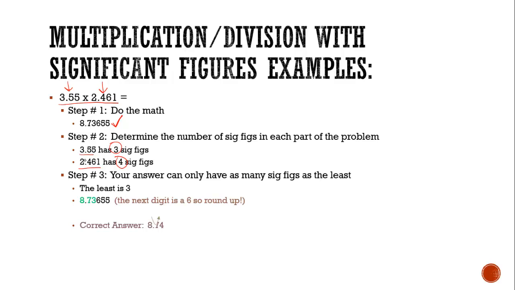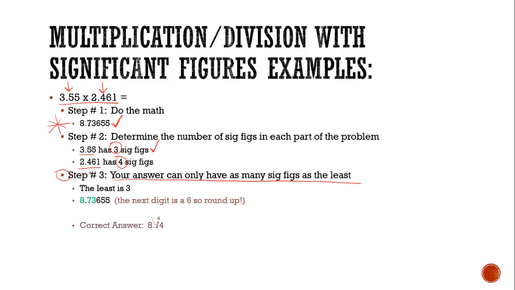Well, 3 and 4, 3 is the least. So for step 3, your answer can only have 3 sig figs, because with multiplication and division you go by the least.